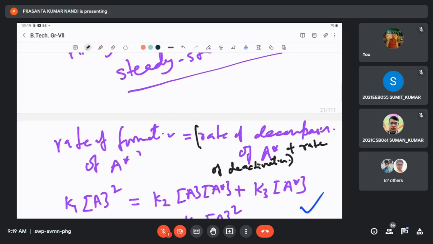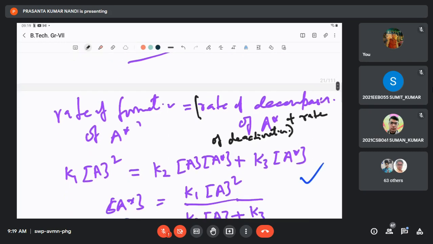And at the steady state, this must be fulfilled. So naturally, you can write the rate of formation of A star given by this expression. The rate of deactivation is given by this expression. And the third term on the right hand side denotes the rate of decomposition to get the products B and C.